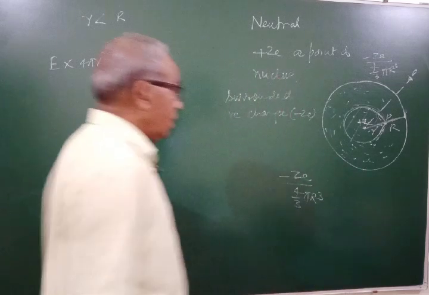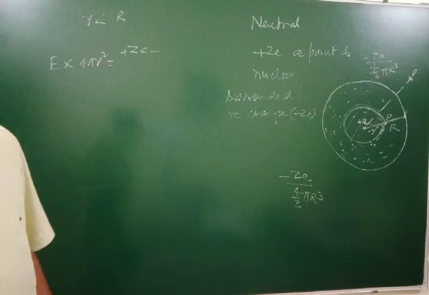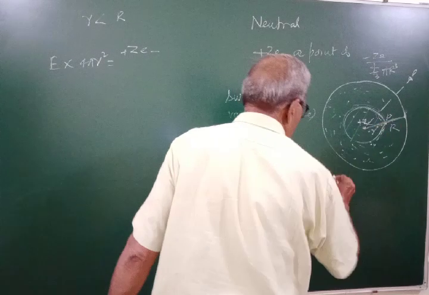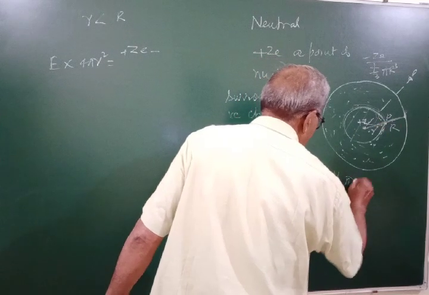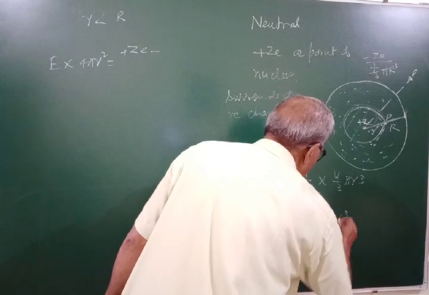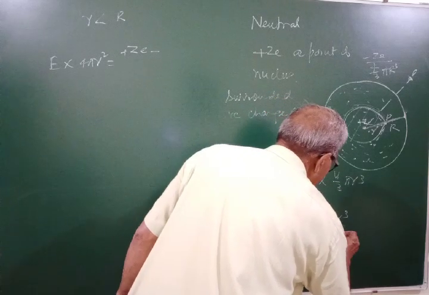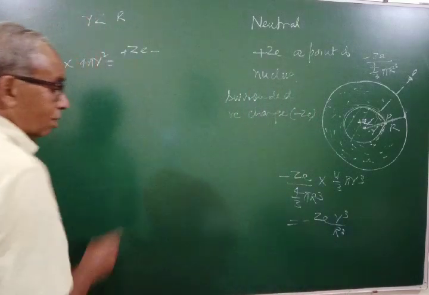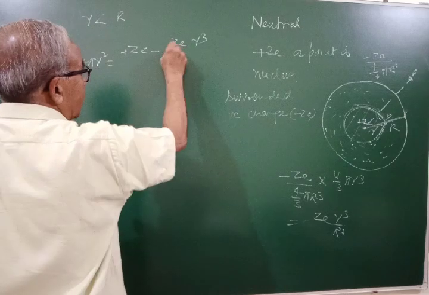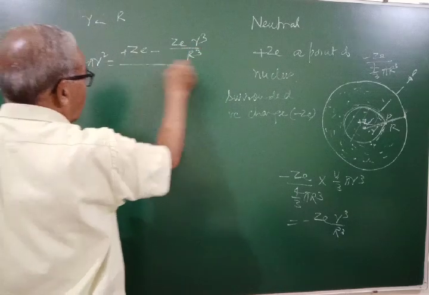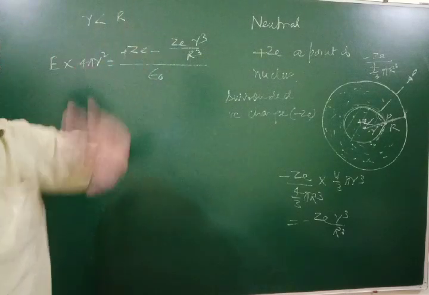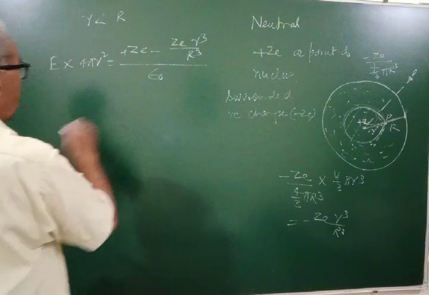What is this? It has become the volume charge density multiplied by the volume. How much is the volume? 4 by 3 pi r cube. So we get minus Ze r cube upon capital R cube, upon epsilon 0. The surface integral is the total charge inside divided by epsilon 0.